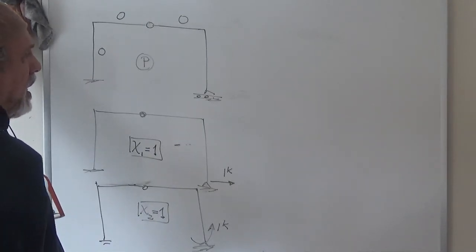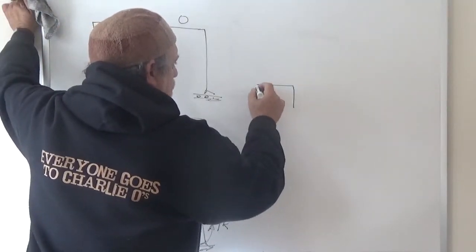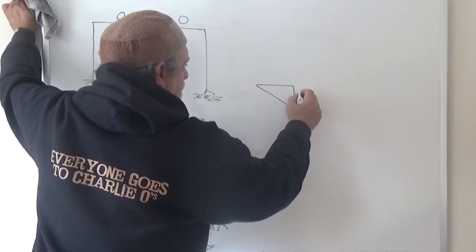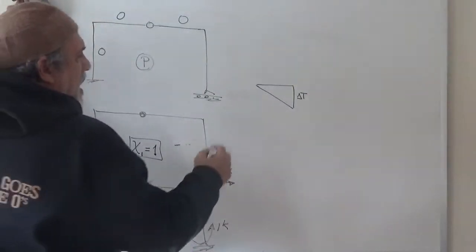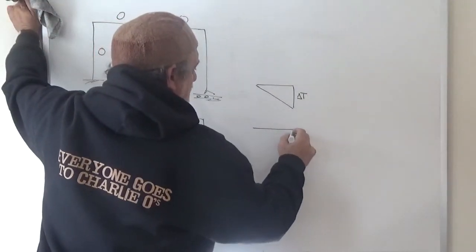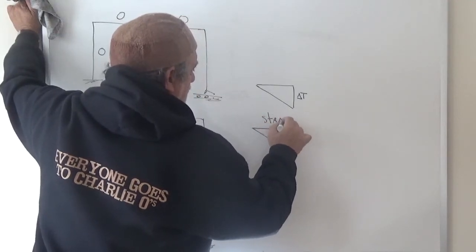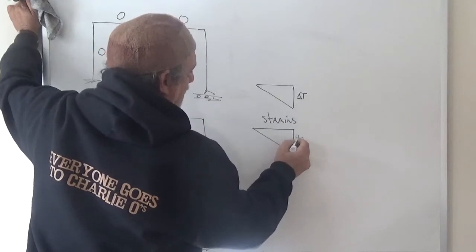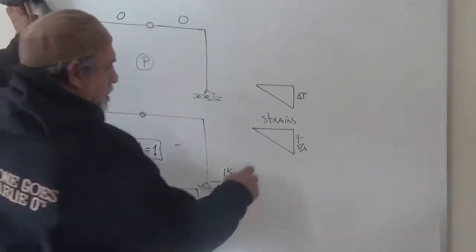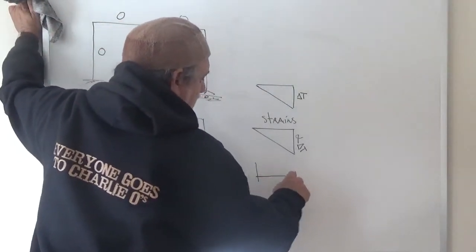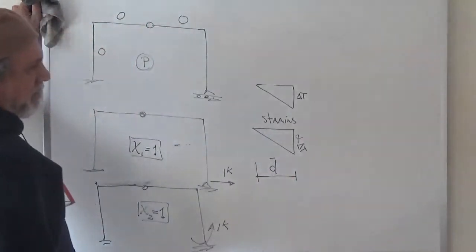Now, from before the erasing, remember that I said there was a temperature change, delta T, over this column, where this is the outside. That means that the strains over that cross-section are alpha delta T, where alpha is the coefficient of thermal expansion, right? The depth of that is d bar, like this.